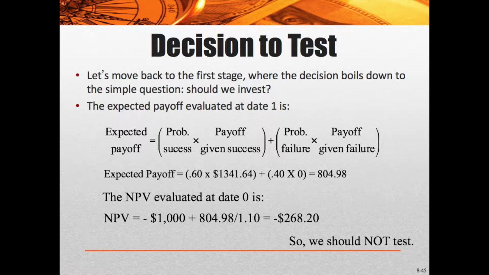The expected payoff, if it's successful with a 60% probability of success, is now $1.341 billion, plus the 0% payoff if it's a failure, and the net present value valued at date 0 then is a negative $1 million for the testing, plus the discounted one-time period at 10% discounted back expected return of $804 million gives us a negative net present value of $268, and of course the project's a no-go at that point. So if we bring in $7 billion of revenue, it's definitely a go.